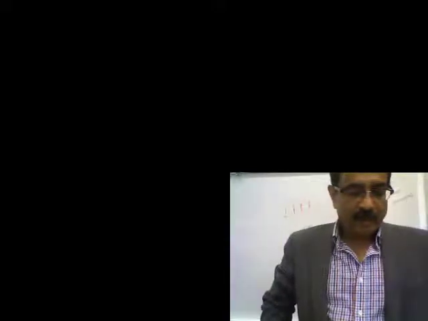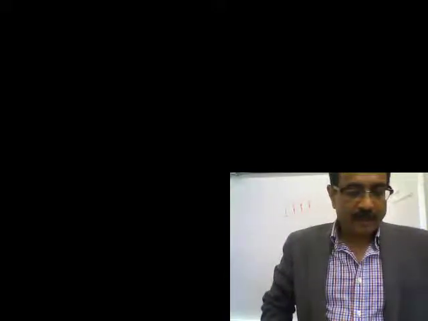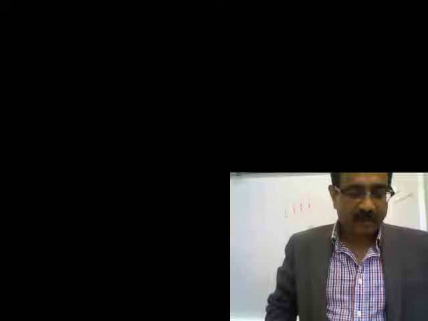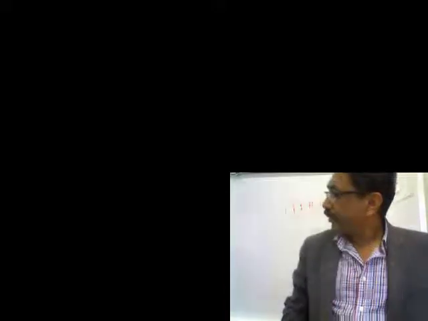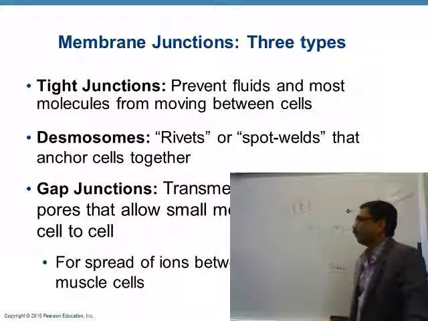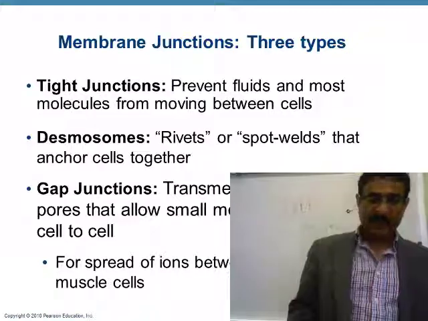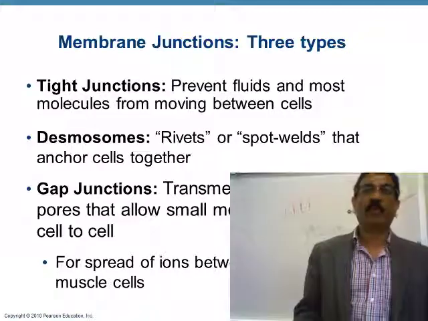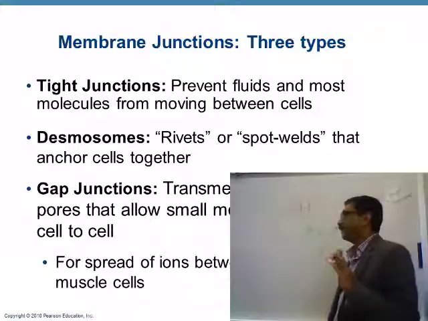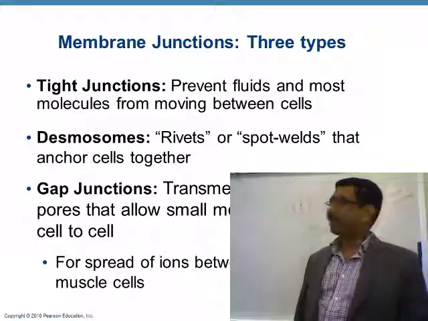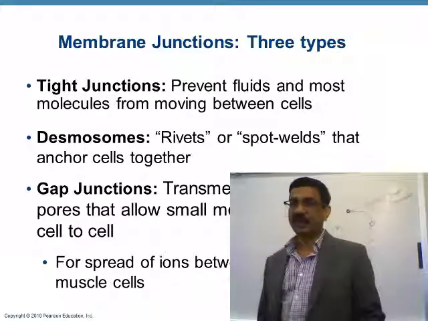So, intercellular junctions hold the cells mainly together, so the cells can work together. Now, three types of junctions are mostly present in between the cells of our body. What are those? Tight junctions, desmosomes, and gap junctions.